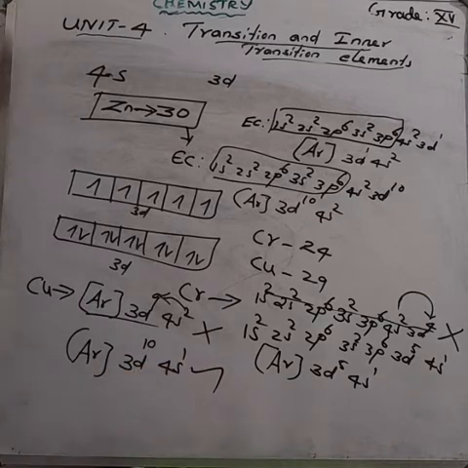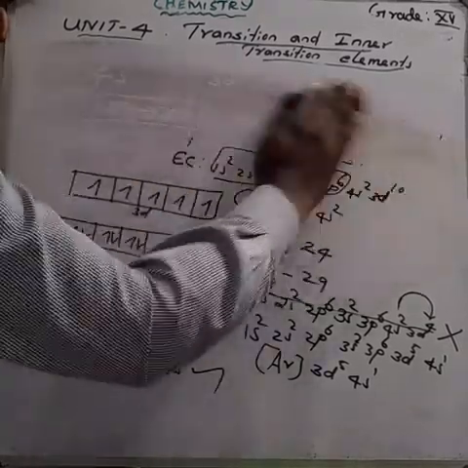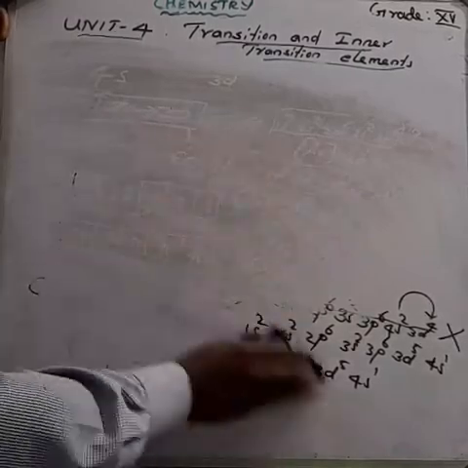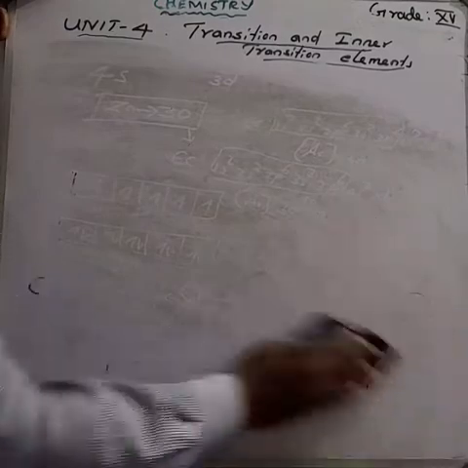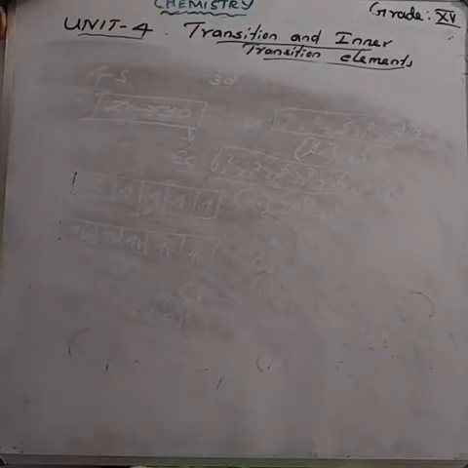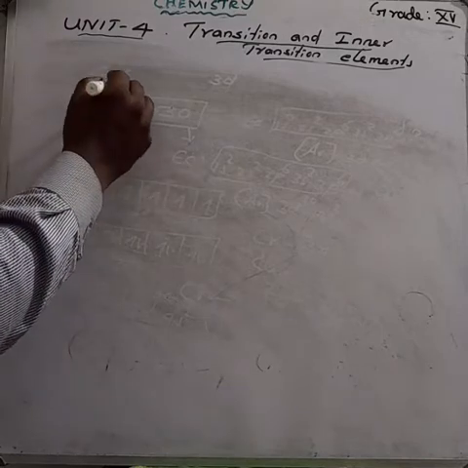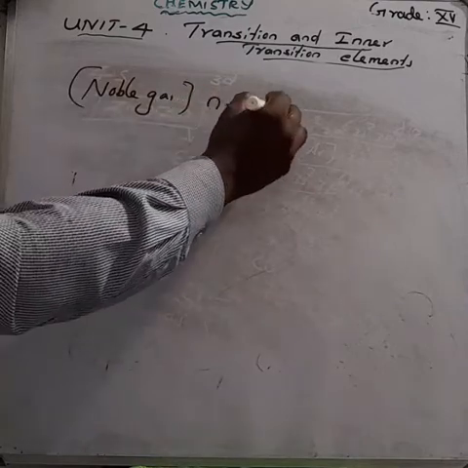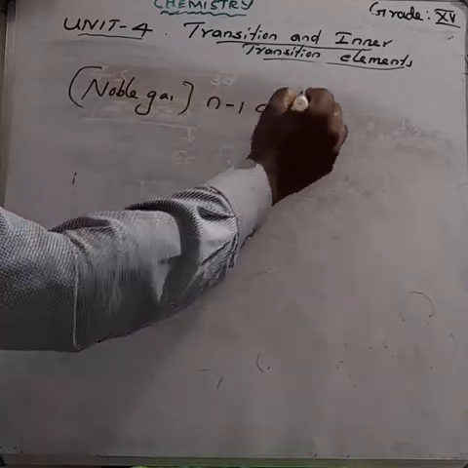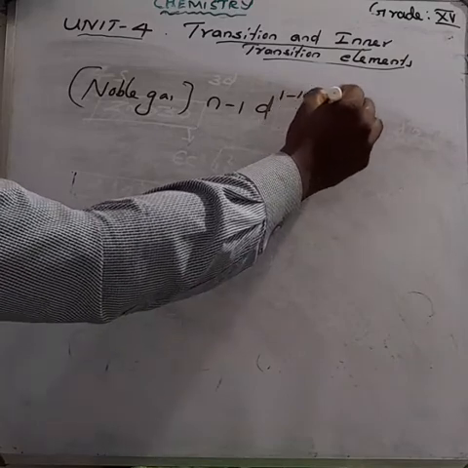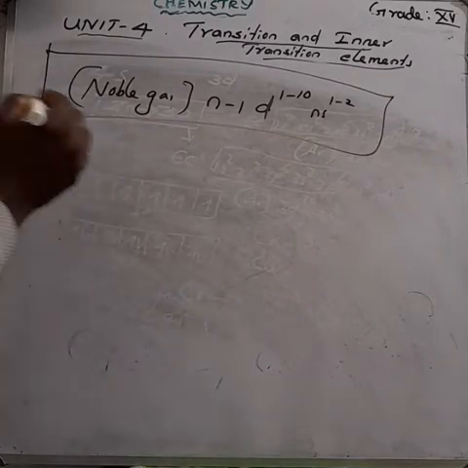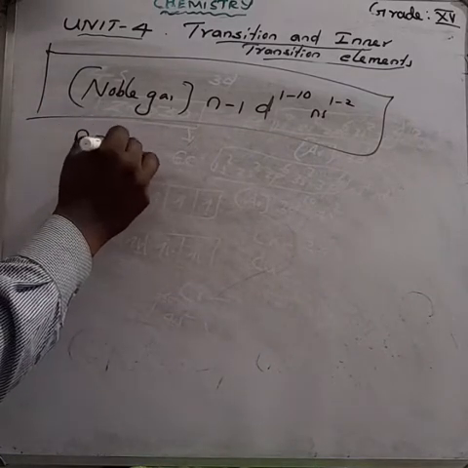One very, very important point: the general electronic configuration of d-block elements can be written as noble gas, (n minus 1) d 1 to 10, ns 1 to 2, where n is equal to 4 to 7.